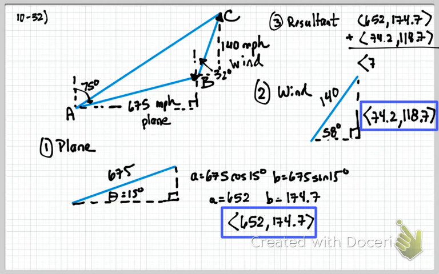It's 726.2 and 293.4. Go ahead, box it. All right.